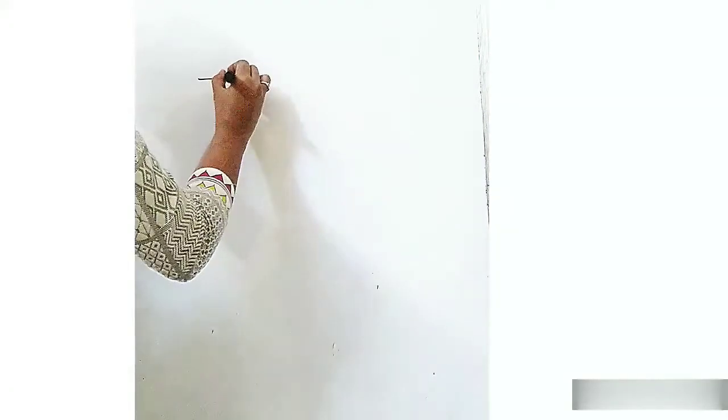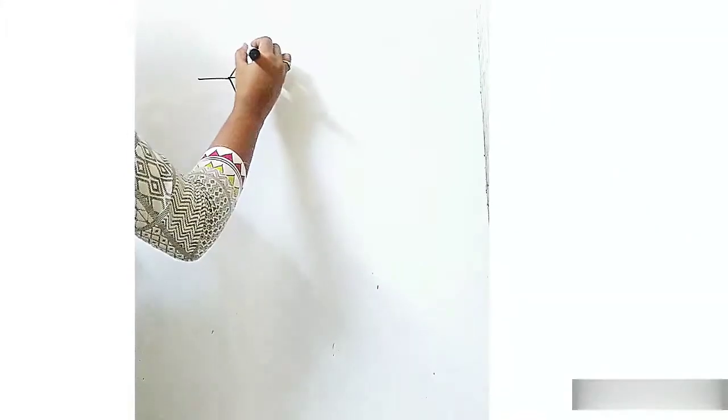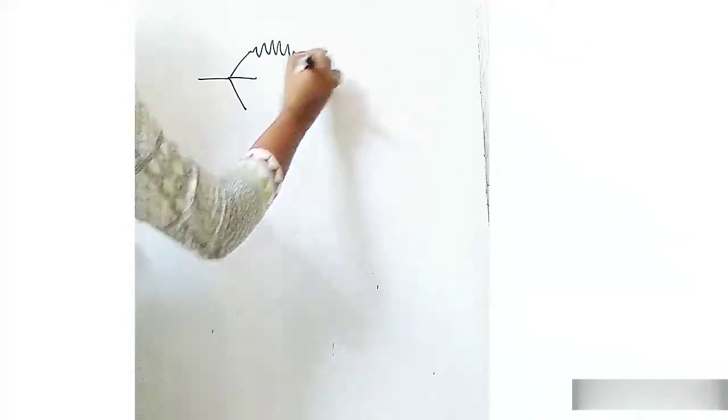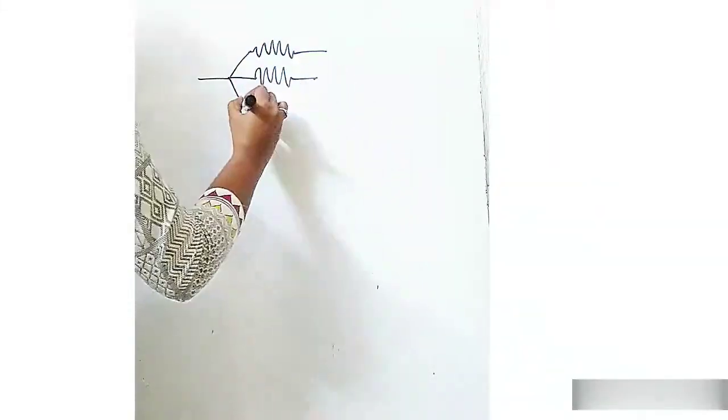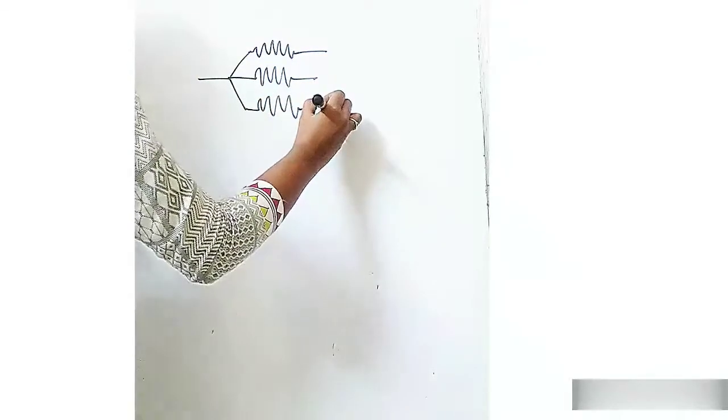Now we'll see the resistance in parallel connection, student. Same diagram we are going to draw, but the parallel connection is different, student. Okay, now what is it? It is like this. I am connecting 3 resistors.